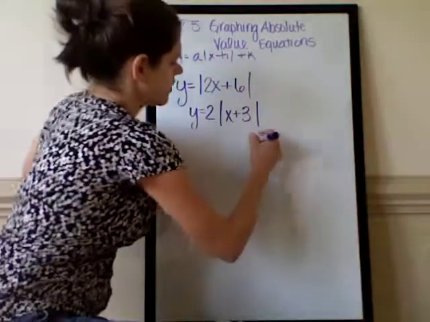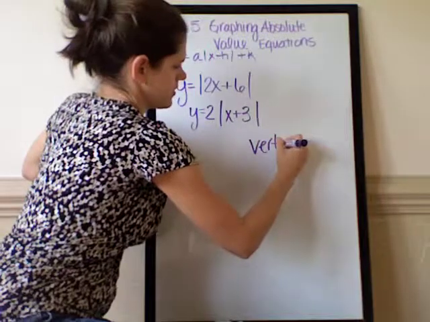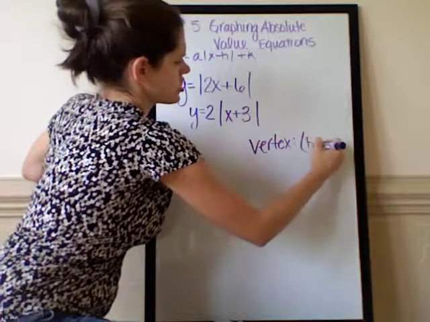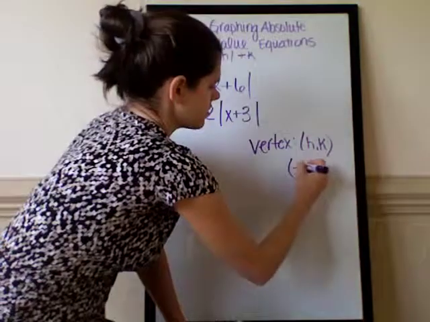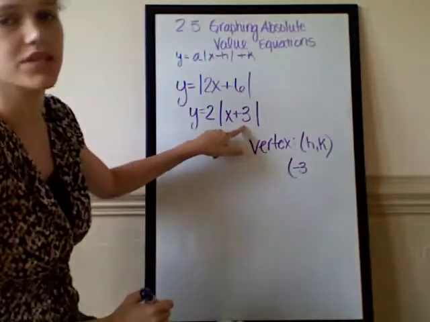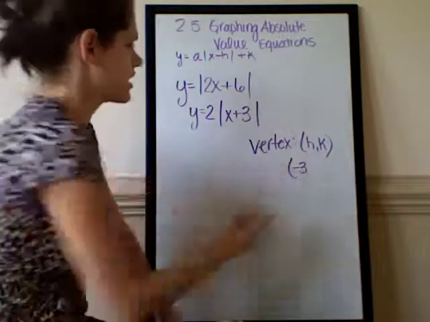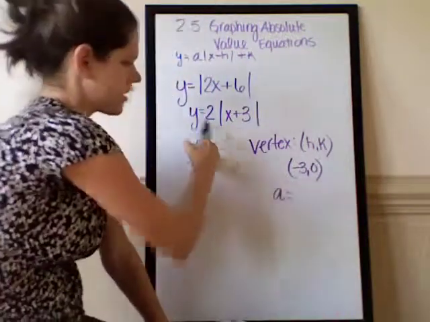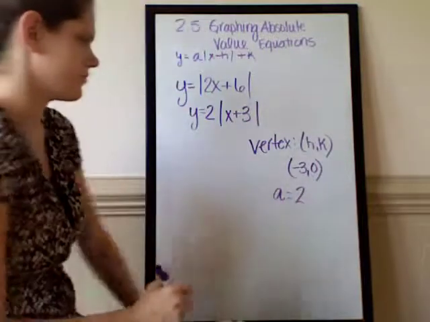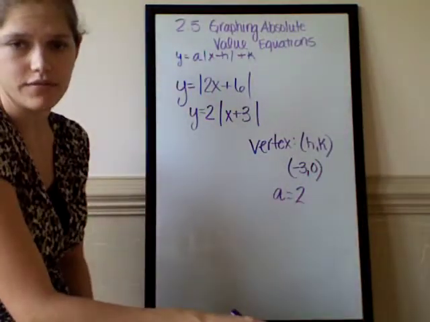I can identify my vertex, HK. The H is negative 3, remember I told you, take the opposite of what's in there, the K is 0, and then A is a positive 2, and then you can graph it from there.